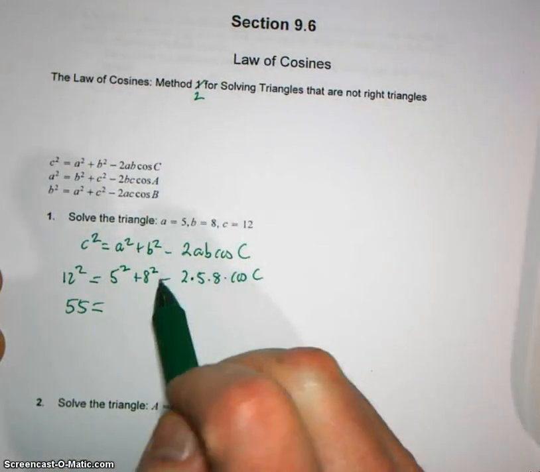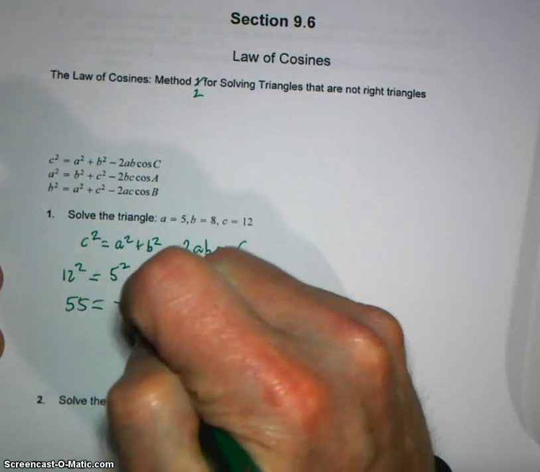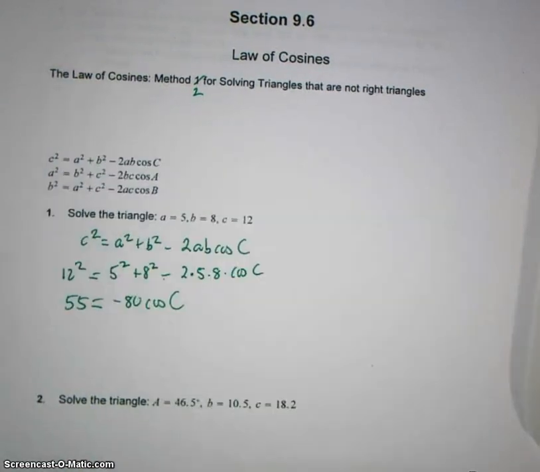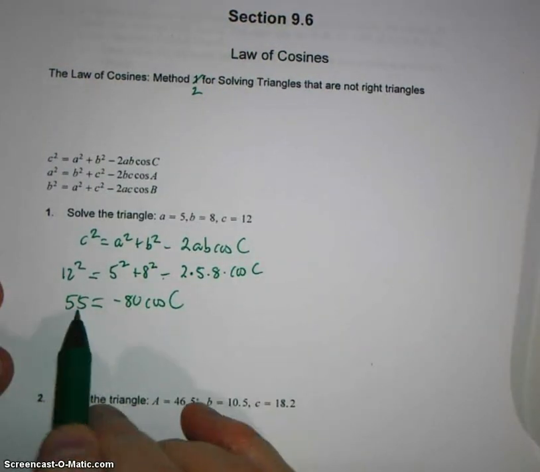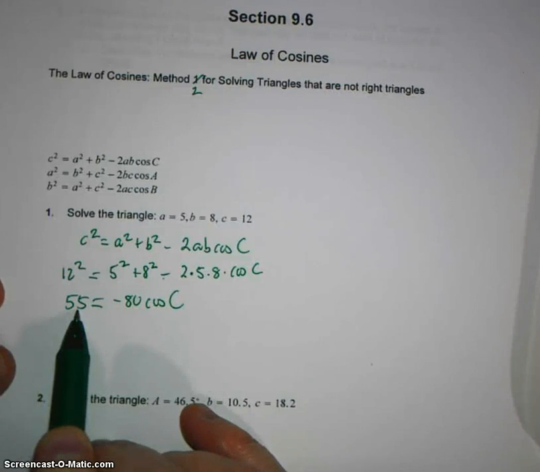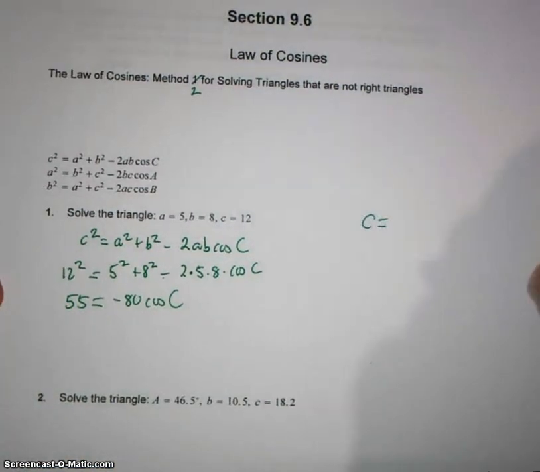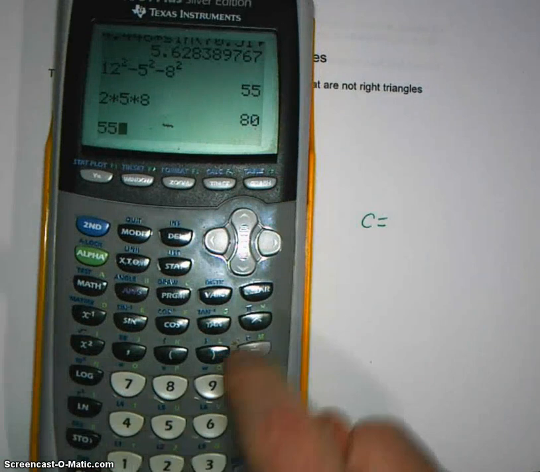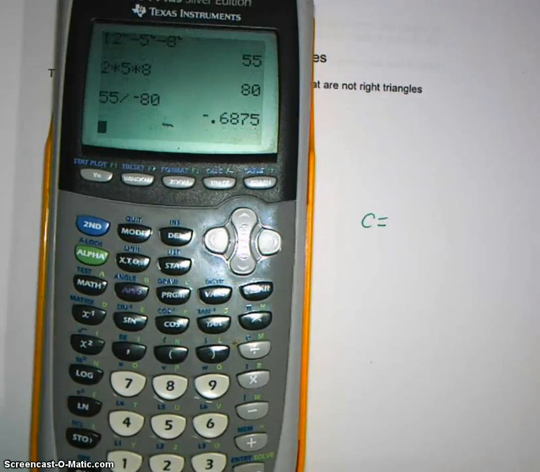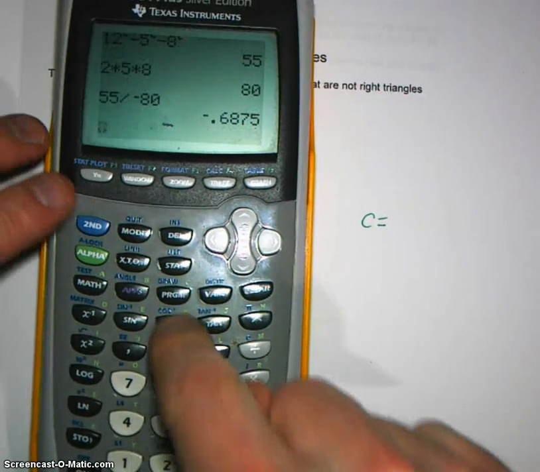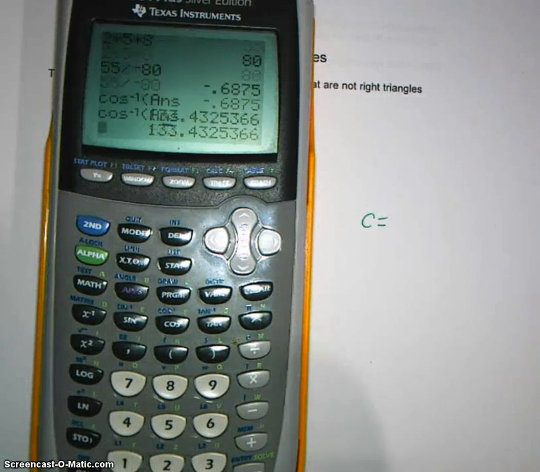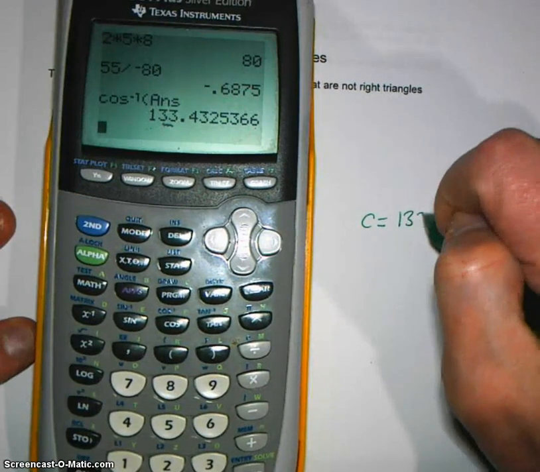So this is, don't forget the minus sign, negative 80 cosine C. So to get the C all by itself, I divide by this negative 80, and then I do cosine inverse. So big C is 55 divided by negative 80, and cosine inverse is, let's call it 133 degrees.